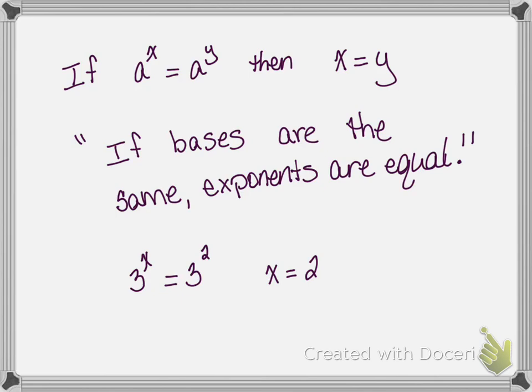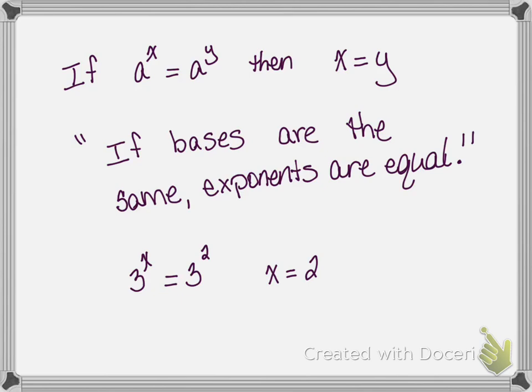Okay. This is the meat of everything right here that we're doing. Well, the graphing's pretty important too. Okay. If a to the x equals a to the y, then x is equal to y. If your bases are the same, your exponents are equal. What happens is, students remember the part that the exponents are equal, and they forget the part that the bases have to be the same.